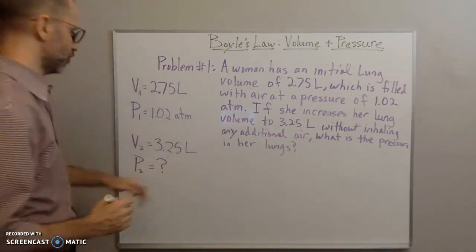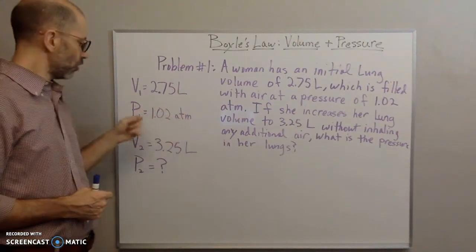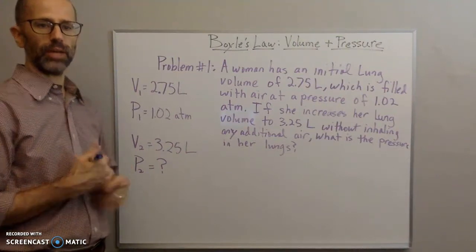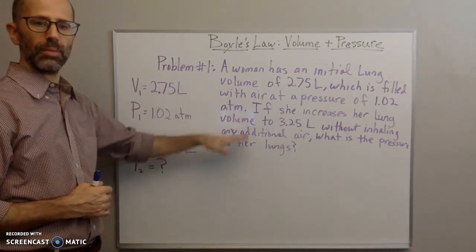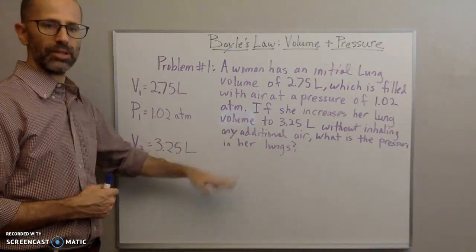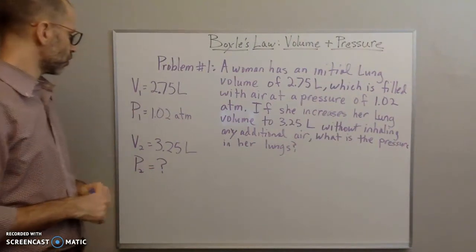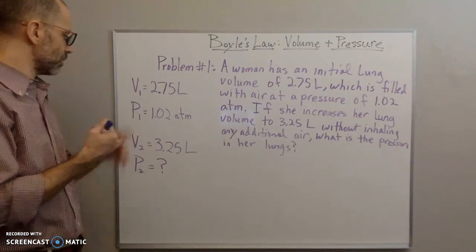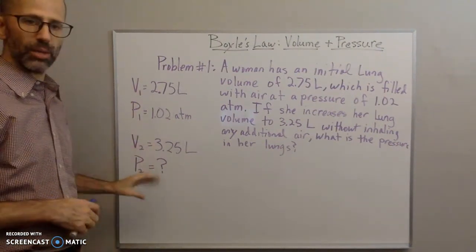So in a problem like this, if all they're talking about is volume and pressure, and they say things stay the same, like you're not changing the amount of air, notice that nothing is said about temperature. If nothing is said about temperature, you can assume that it is constant, right? So temperature is constant, the amount of air is constant, so we can apply Boyle's Law.